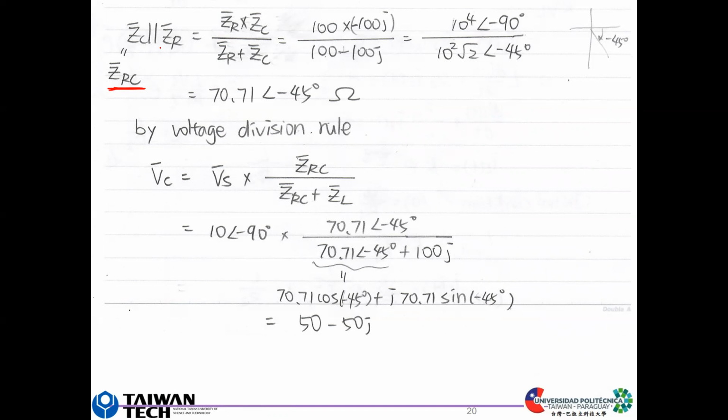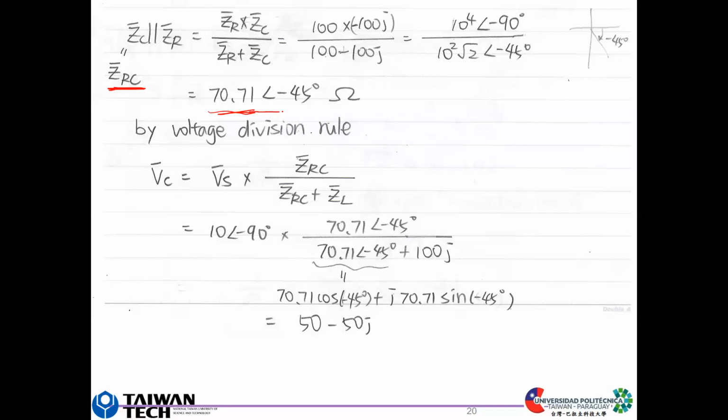It follows how to calculate two parallel resistors, right? So ZR multiplied by ZC divided by ZR plus ZC. For the division of phasors, we need to convert to polar form. Once you convert to polar form, you could calculate this is 10 to the power of 4 divided by 10 to the power of 2, and also divided by square root of 2. This is the magnitude. And minus 90 minus 45 degrees, and it becomes minus 45 degrees ohm.